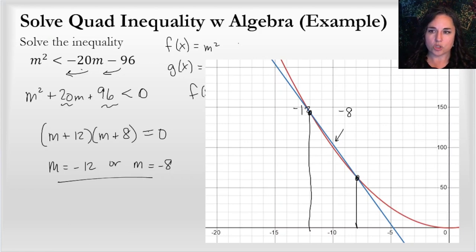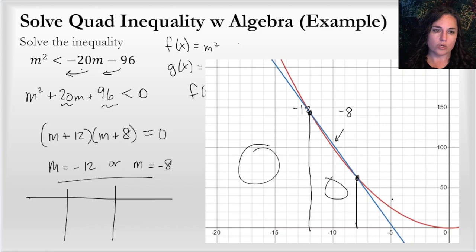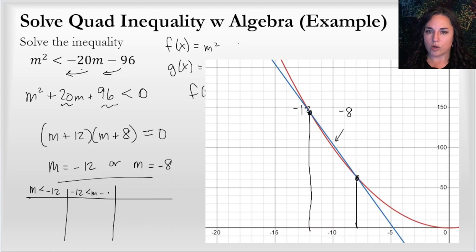One thing I see as a strategy in here that I'm going to remind you of, even before looking at a graph: I have 3 different regions, and what I want to do is check in the 3 different regions what the inequality is. So I would have a region where m is less than negative 12, a region between negative 12 and negative 8, and a region greater than negative 8.